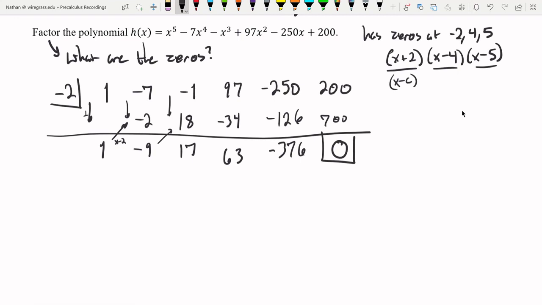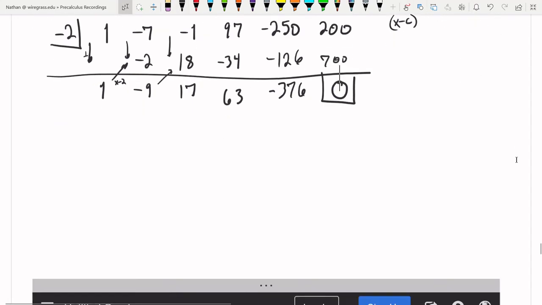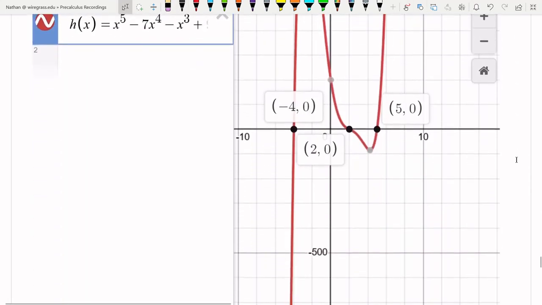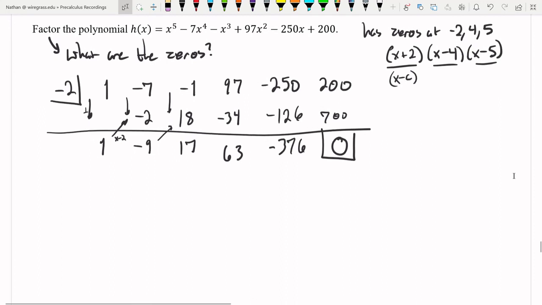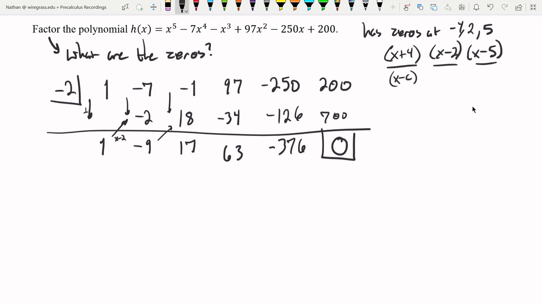I can see, well, if I look back down at my zeros, I have -2, 4, and 5. And of course, I flipped the negative on the 4 and the 2. So it's actually -4, +2. So I'm going to write -4, +2. So the factors are going to be x plus 4, x minus 2.